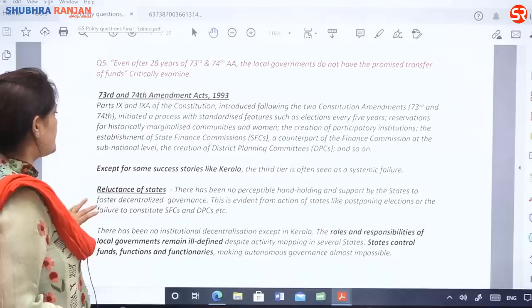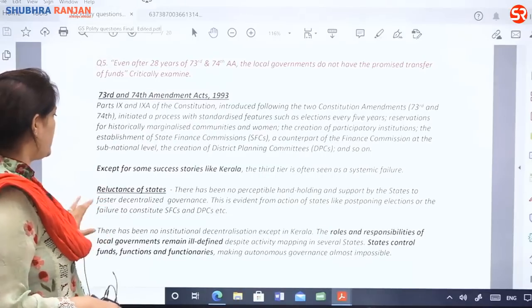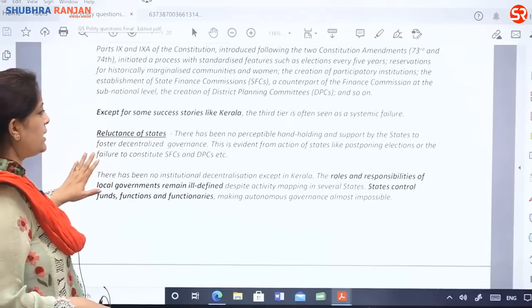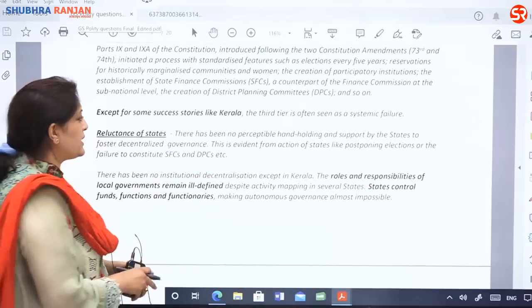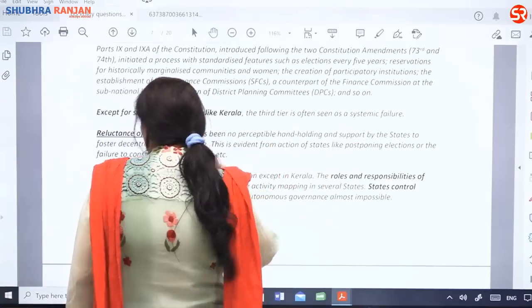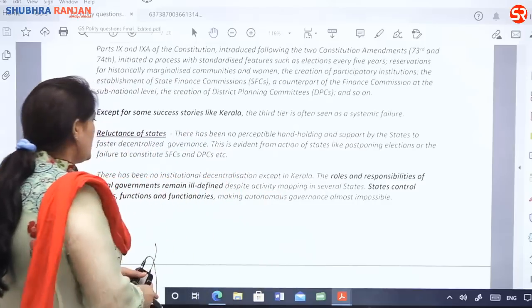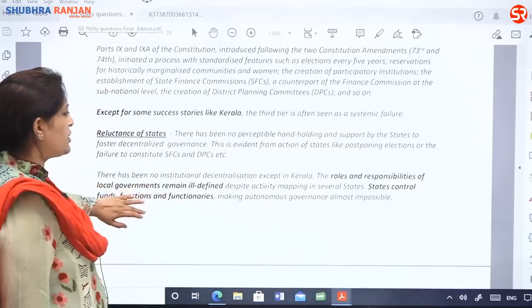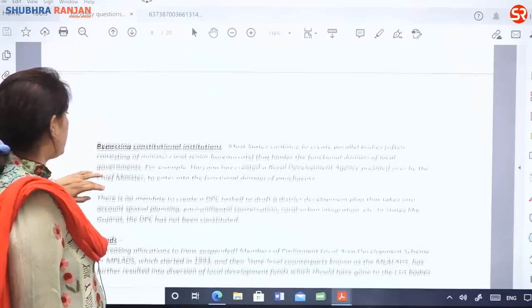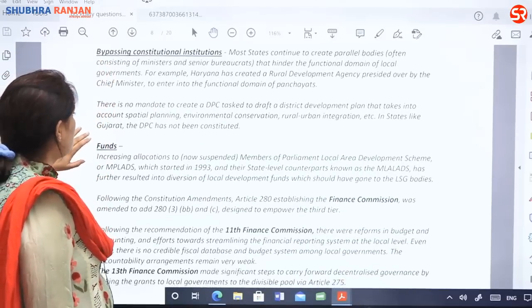And except from some success stories like Kerala, there is a systemic failure. Reluctance of state, there has been no perceptible hand holding and support by the state governments. There has been no institutional decentralization, bypassing the constitutional institutions funds.